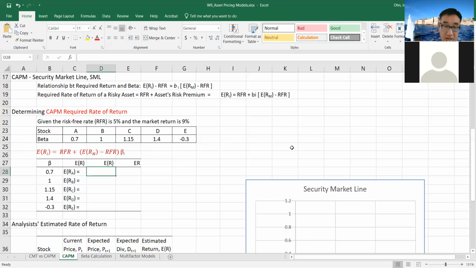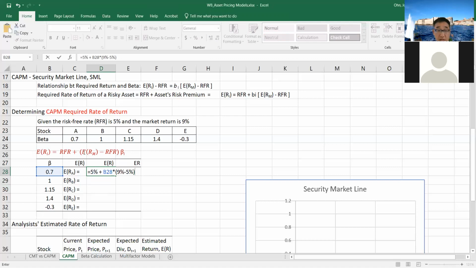So let's see. Stock A. The risk-free rate of return is 5%, plus beta is 0.7 times the market return of 9% minus 5%, which is 5%, okay?